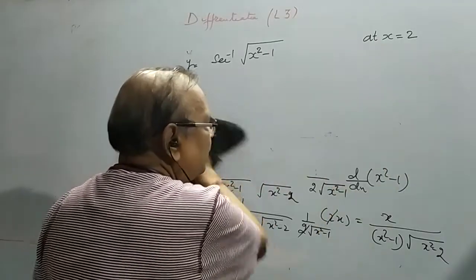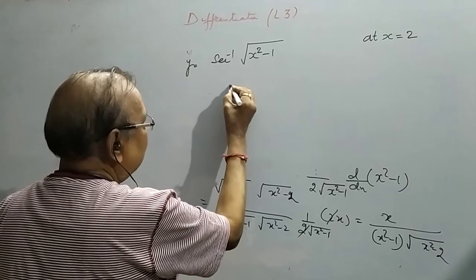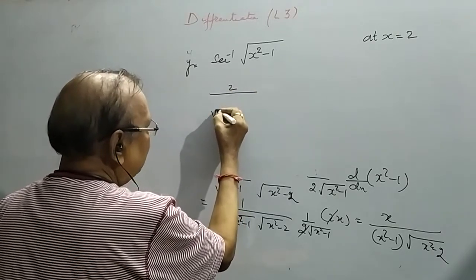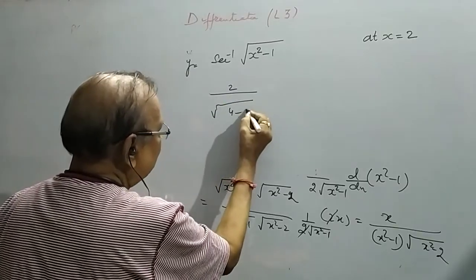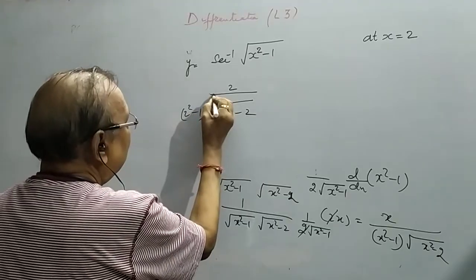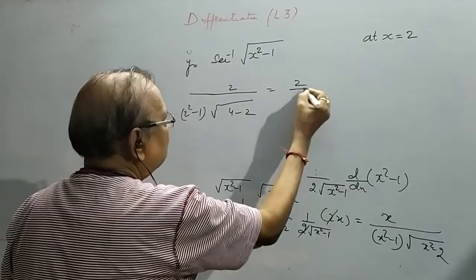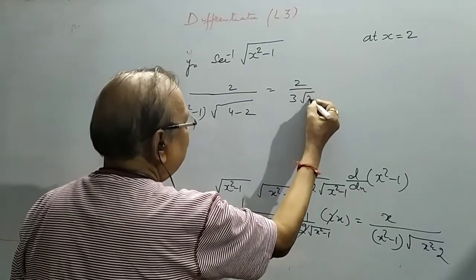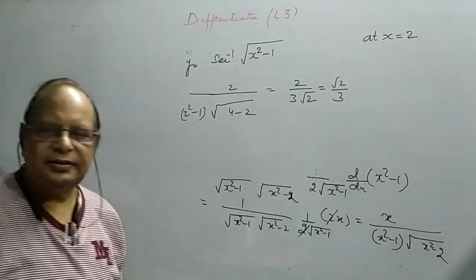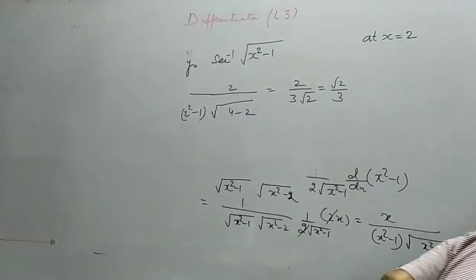Finally we have to put 2, that is 2 upon 3 under root 2, or you may write 2 upon 3. That's the answer. Now we take another example.